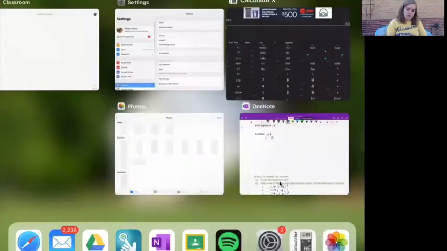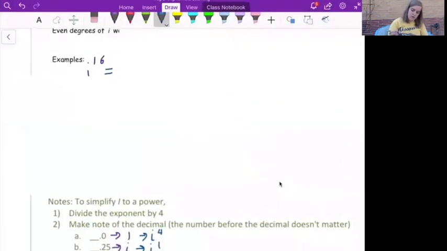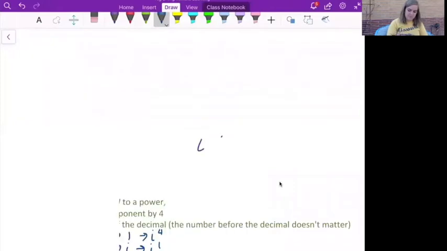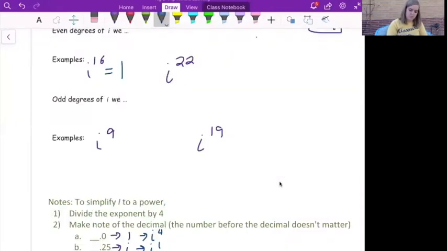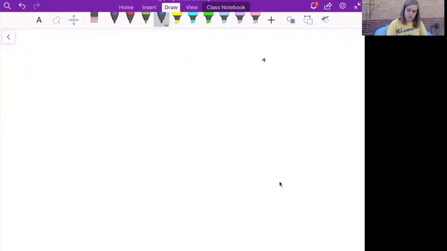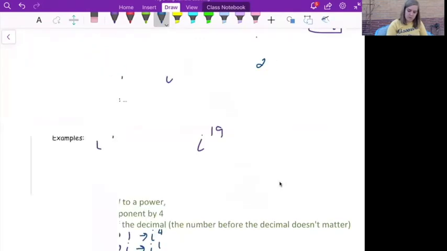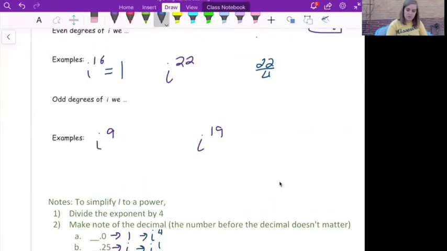So let's write this down. 22 divided by 4 is going to be 5.5. So this 5 doesn't matter, but this 0.5 means that this is similar to I squared, which is then going to be negative 1.